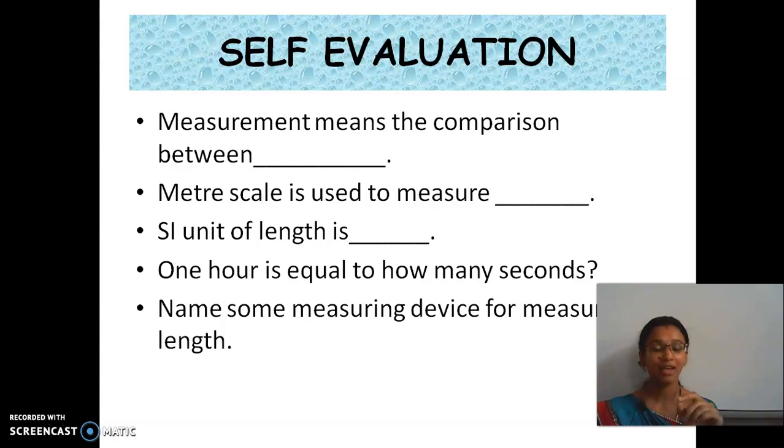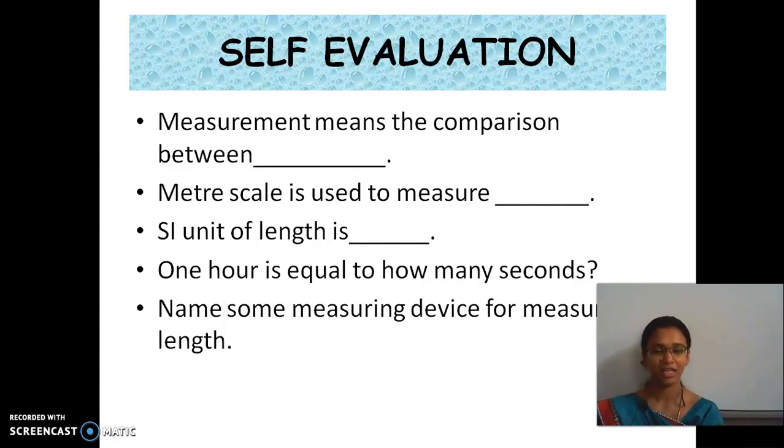That known quantity is called a unit. Good. What are all the basic units? Kilogram, meter, that is for length, and then seconds for time.